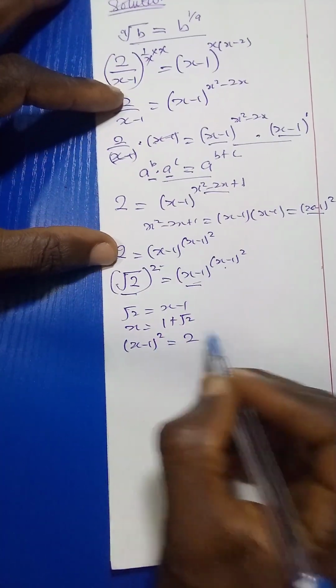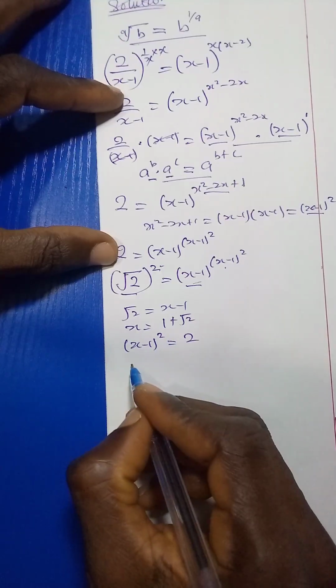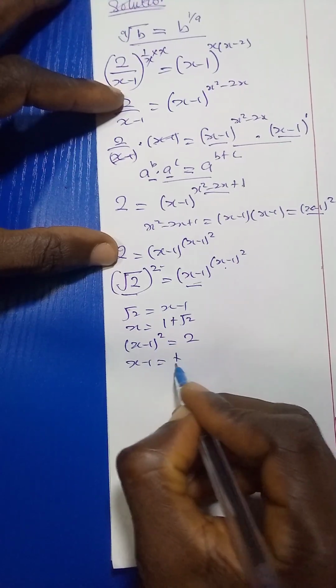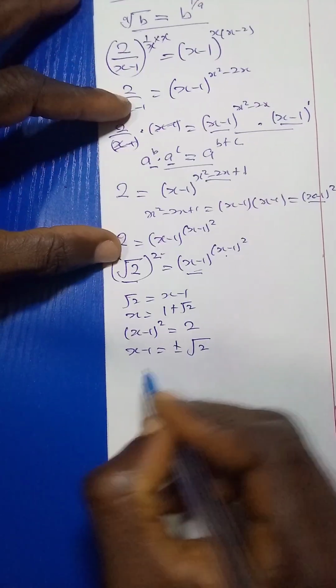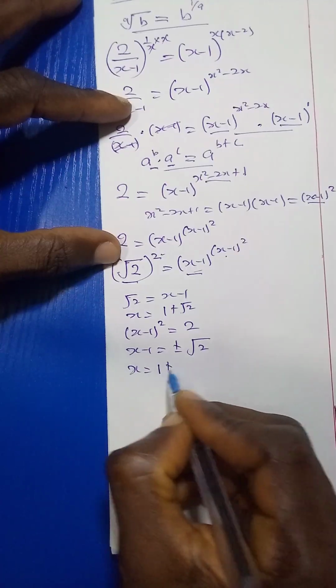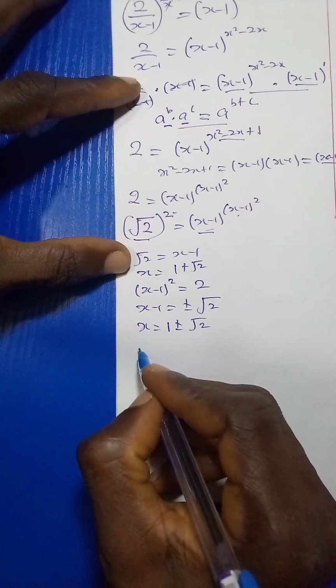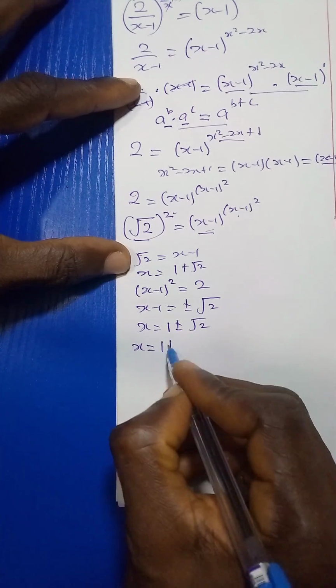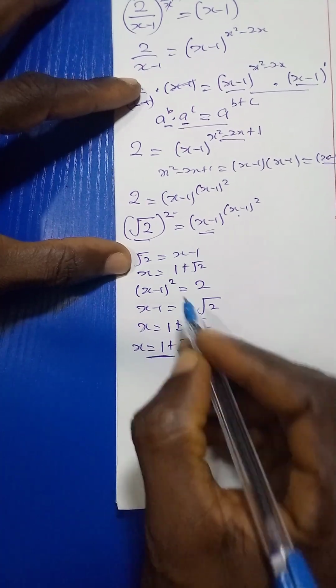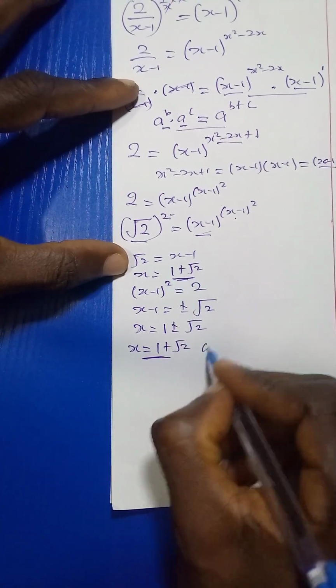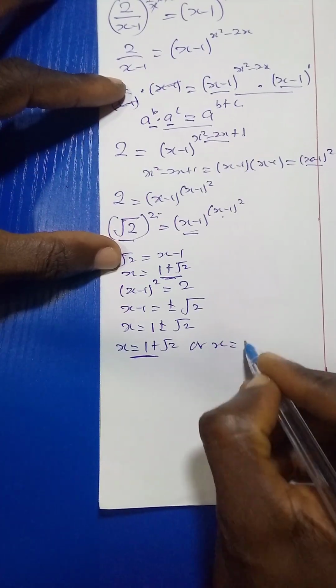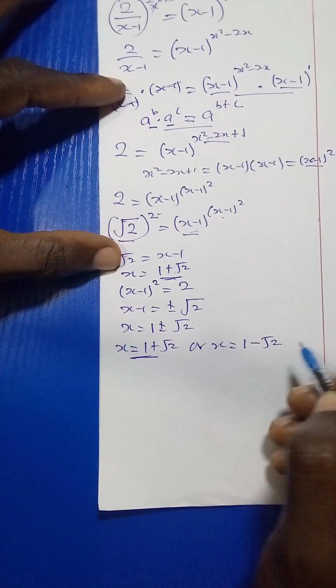Now I can square root both sides to cancel this square here. So x minus 1 is equal to plus or minus the square root of 2. So x is equal to 1 plus or minus the square root of 2. So that means that our answers are x is equal to 1 plus the square root of 2, which is what we have earlier, or x is equal to 1 minus the square root of 2.